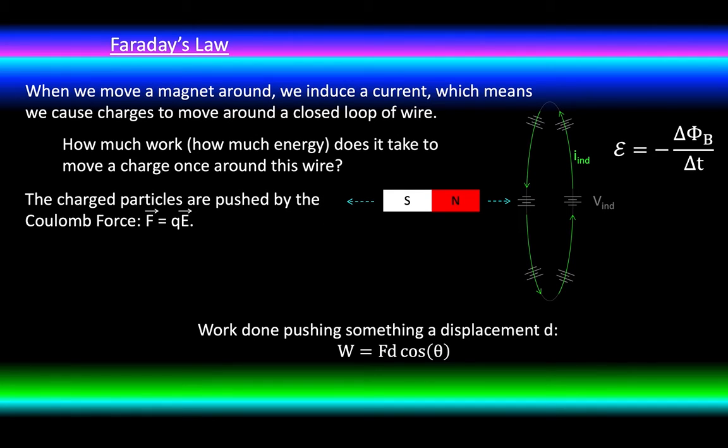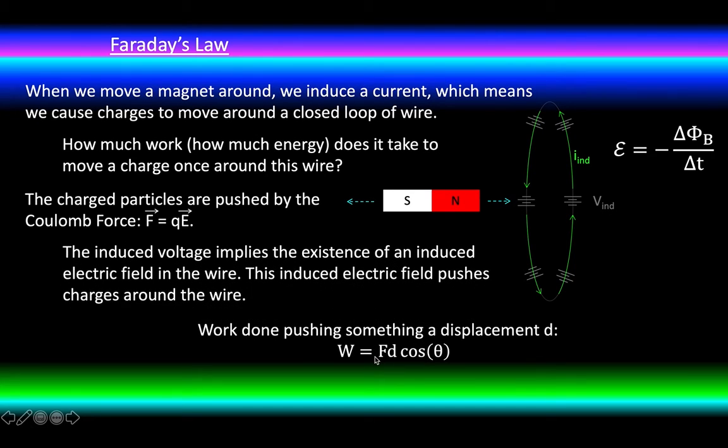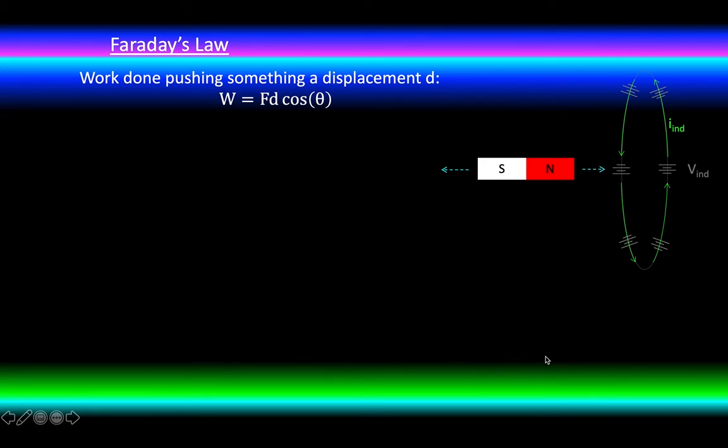The charged particles that are moving around the loop are being pushed on by the Coulomb force, so the force that we're going to consider is Q times E. So the induced voltage will imply the existence of an induced electric field in the wire, and the induced electric field is responsible for the Coulomb force that will get this charge to move once around the wire.